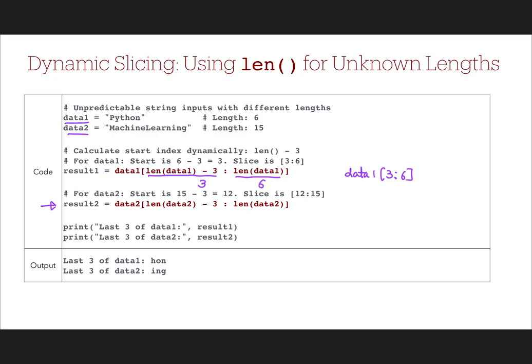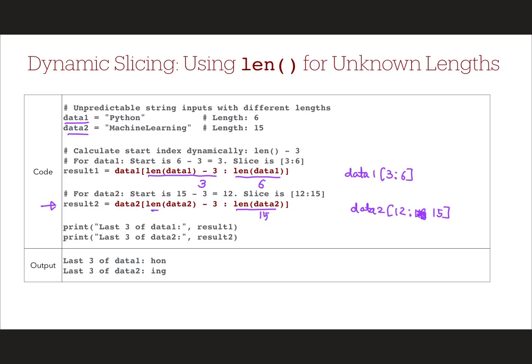Given this data 2, whose length is 15, if I wanted to access the last 3 letters, and if I had to hard code those numbers, then I would need to consider data 2 of 12 to 15, sorry. Then it will consider the last 3 letters. But if I use the length function, the length of data 2 will automatically generate 15.